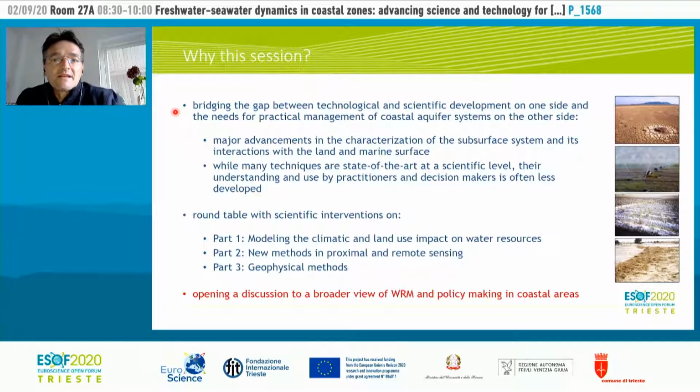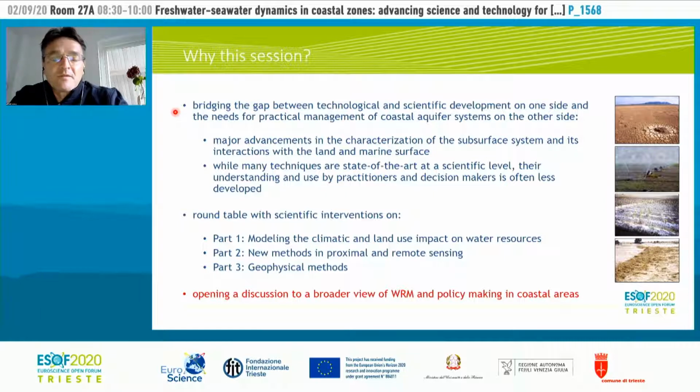And while we can see that many of these techniques are now state-of-the-art in science or research applications, there is often still not the same level of understanding by practitioners and users to apply such techniques or to use the results of such techniques for their management of coastal aquifers.